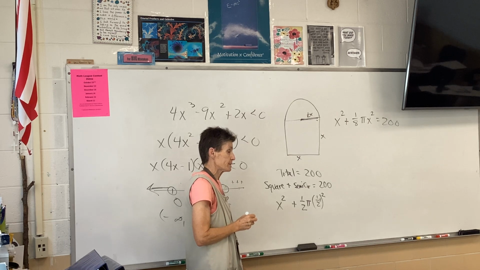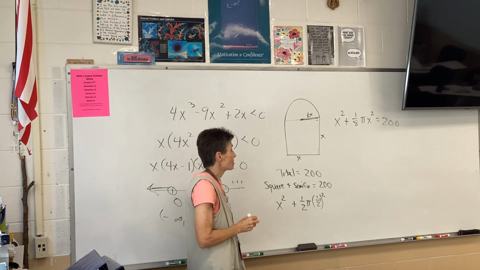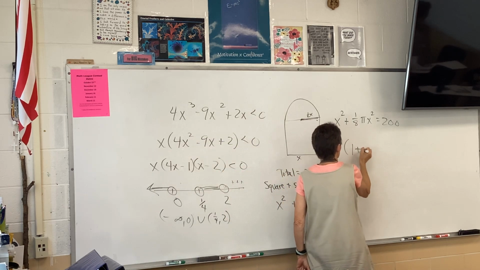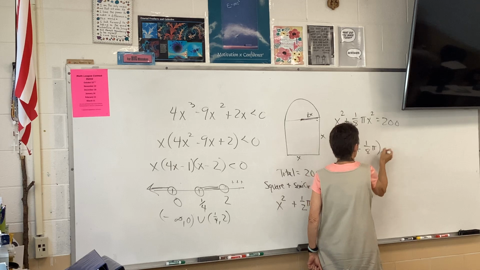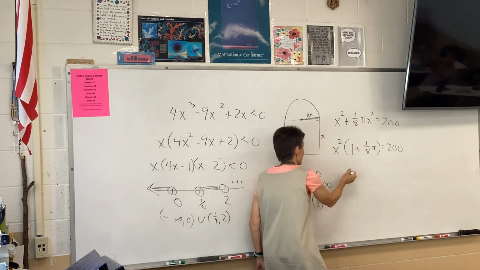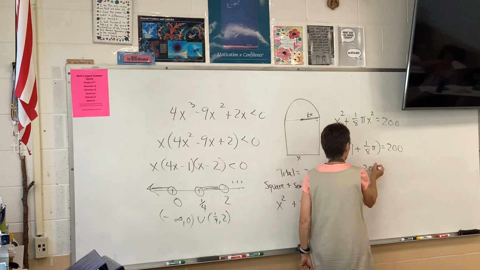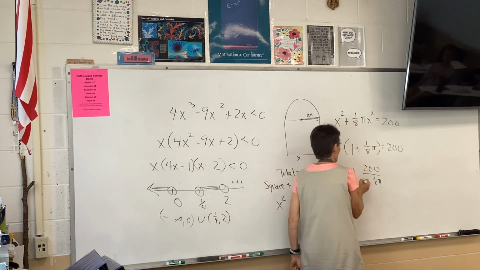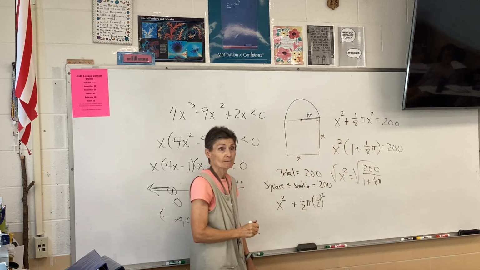Now, the good news is, I can factor out the x squared. And then, I can divide by this parentheses. And then I can square root, and that will be my x.